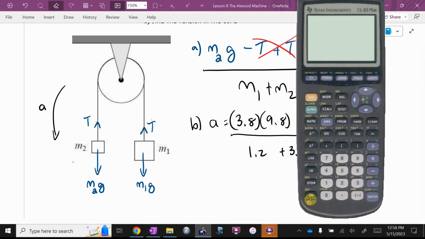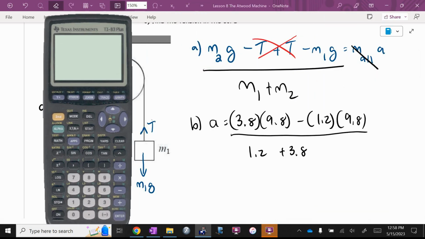All of you want to get out your calculators and try typing these in? I got to put brackets around the top.